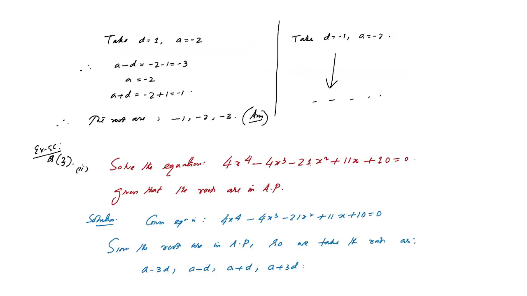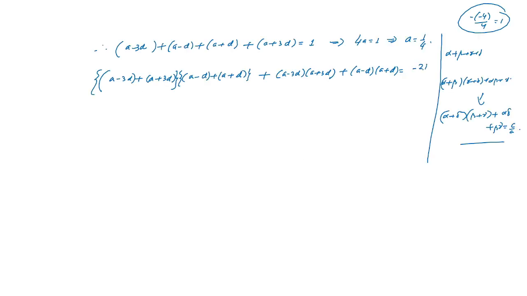So what is c by a here? Minus 21 by 4. So this is 3d, 3d, d minus d cancel. So 2a into 2a, that means 4a square, and plus a square minus 9d square, plus a square minus d square, equals minus 21 by 4.